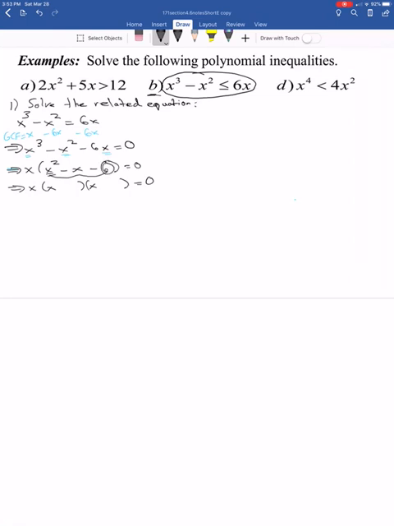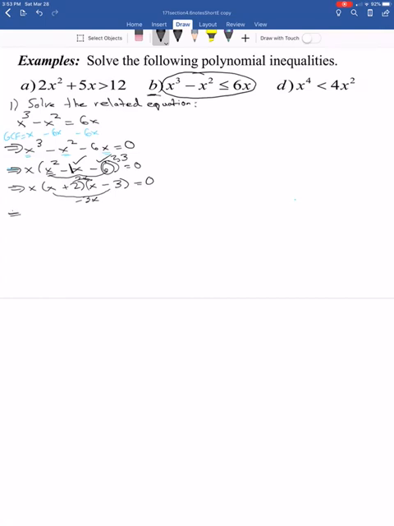We know our factors of 6: 2 and 3, 1 and 6. We know 2 and 3 can work together to make the middle term coefficient of negative 1. We know that 2 minus 3 is negative 1. So let's put in a plus 2 and a minus 3, and you can see the outer product is negative 3x. The inner product is 2x. They add up to negative x, and 2 times negative 3 is negative 6.